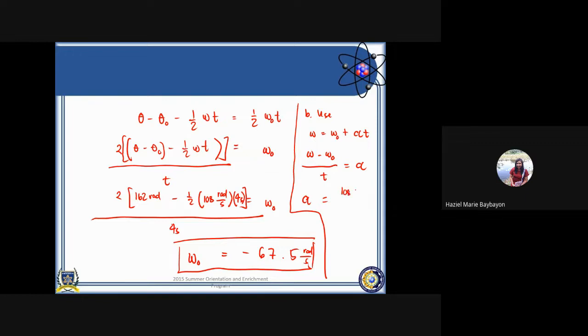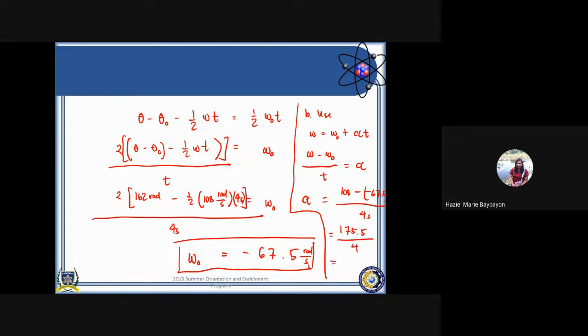Okay, so you have alpha is equal to 108 minus negative 67.5 divided by 4 seconds. So, negative times negative, dira mo positive siya class. So, this is 175.5 divided by 4.